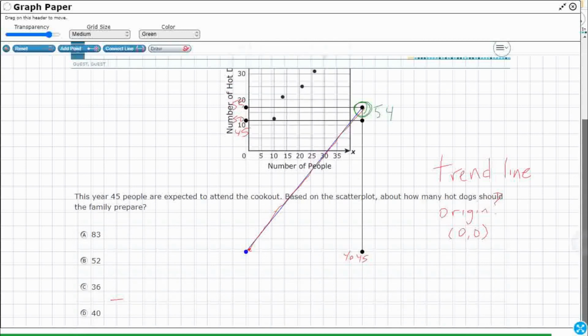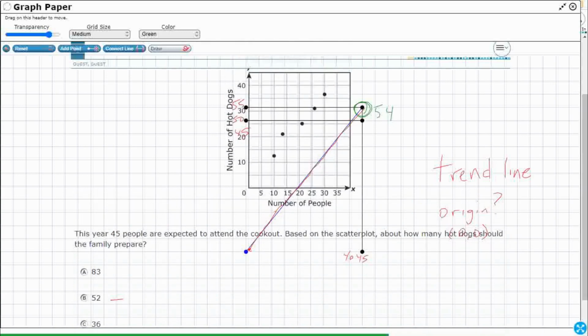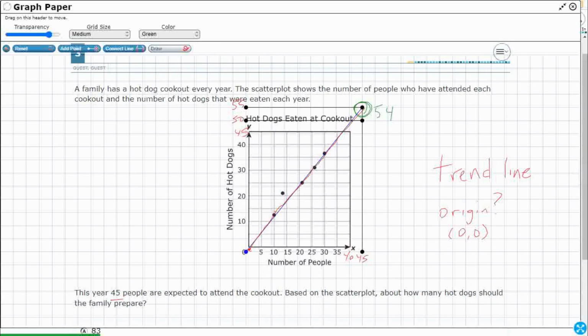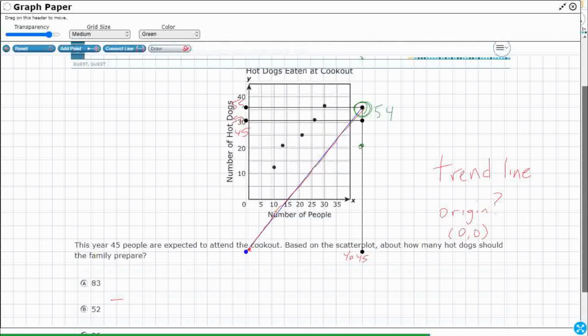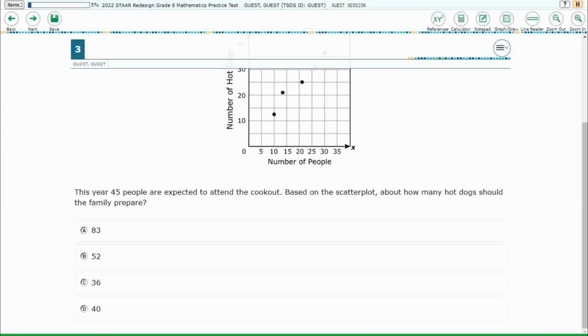Obviously that all comes down with us, and you see 52 is the closest one we've got. 83 is way too high. 40 doesn't really make any sense, because 40 is right here, so that's going to be way too low. 83 is way up here, and then 36 is even lower than 40. So my answer here is going to be B, 52.